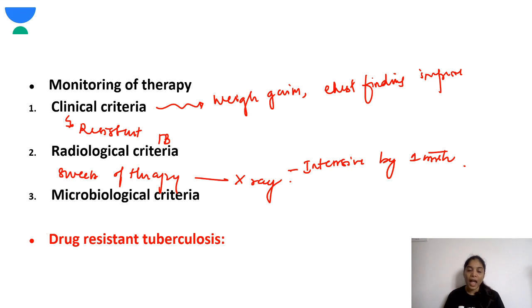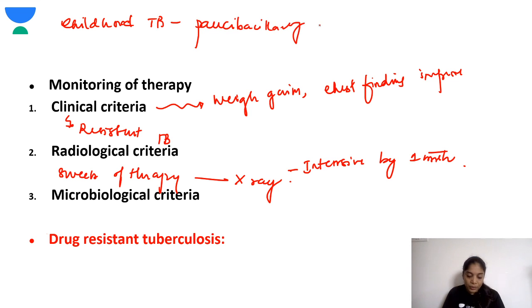But even after that, if there is no improvement, then that means it is drug resistance. So you have to keep this in mind. That is why monitoring of the therapy is important, because sometimes these children might present with resistant tuberculosis. One more thing you have to remember is that childhood TB is paucibacillary.